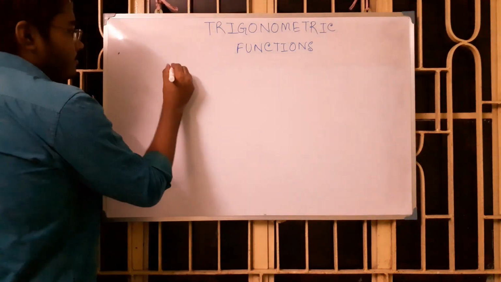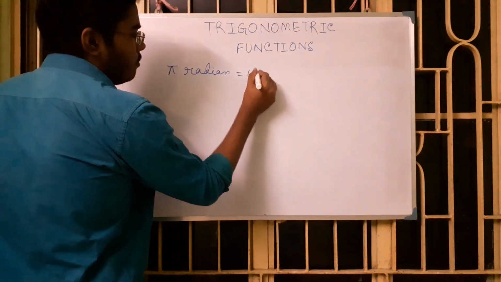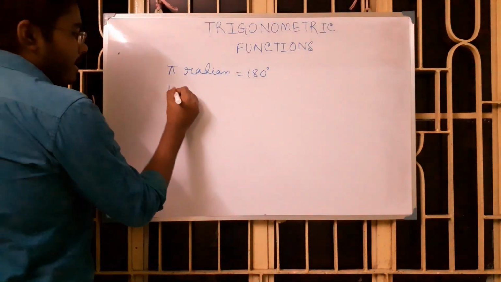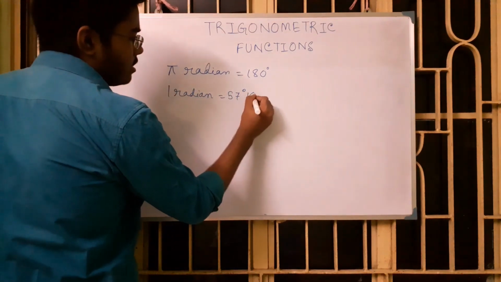All of you know that pi radian equal to 180 degree. And 1 radian equal to 57 degree 16 minute.